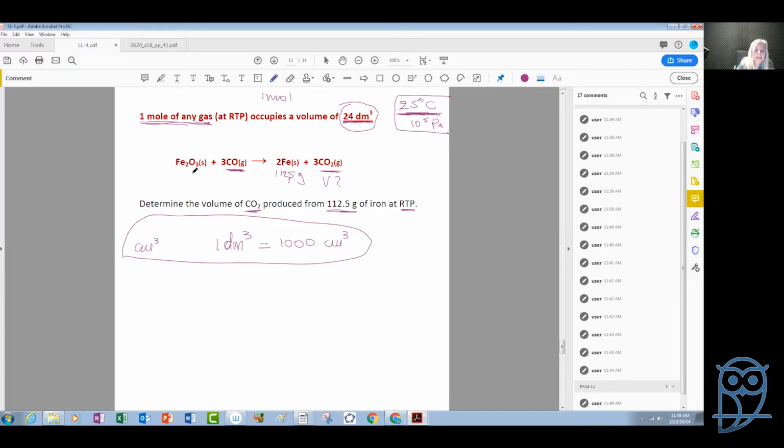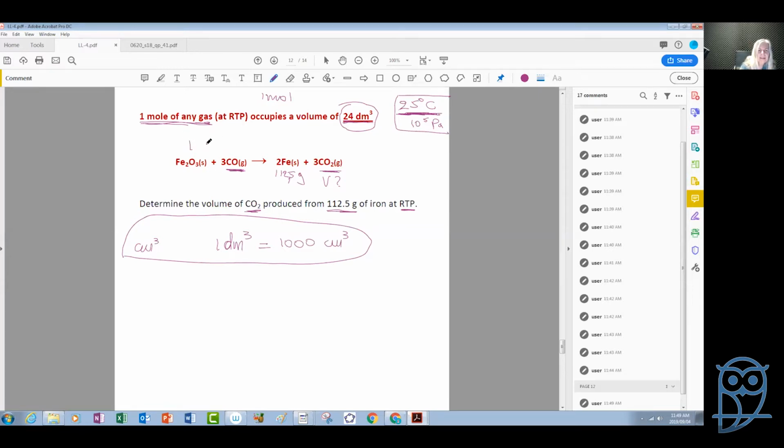All right, so let us go back to this reaction. We need to find the volume of carbon dioxide produced if the iron produced is 112.5 grams. They give us the mass for the iron because it's a solid, and we need to find the volume of the gas. We have the reaction, which is already balanced.